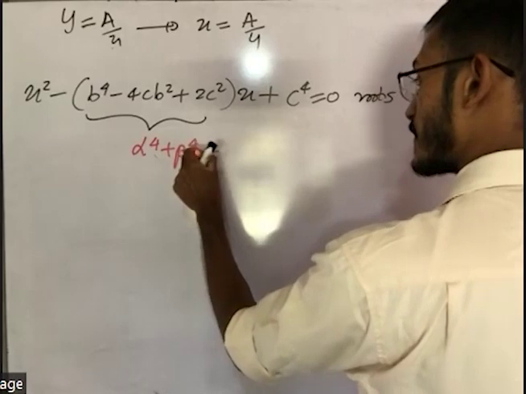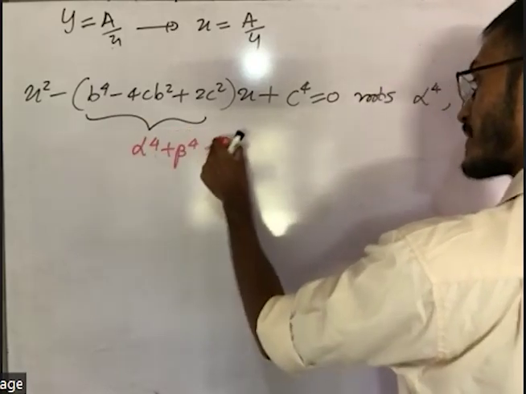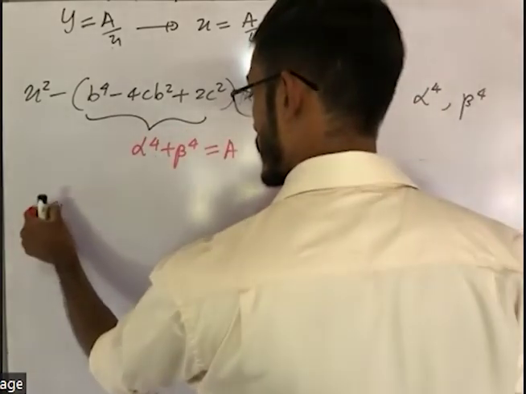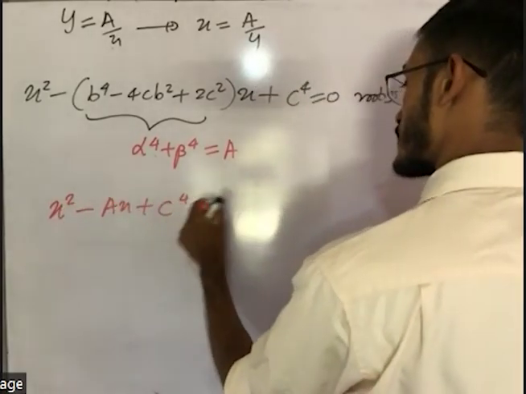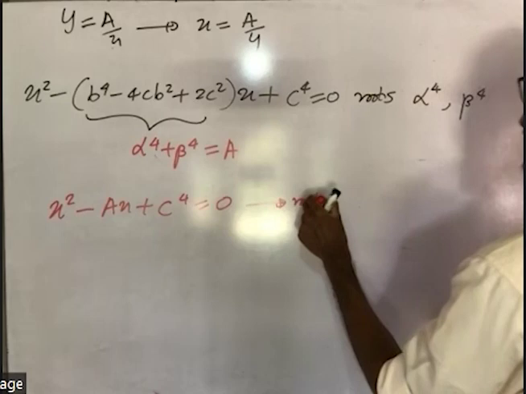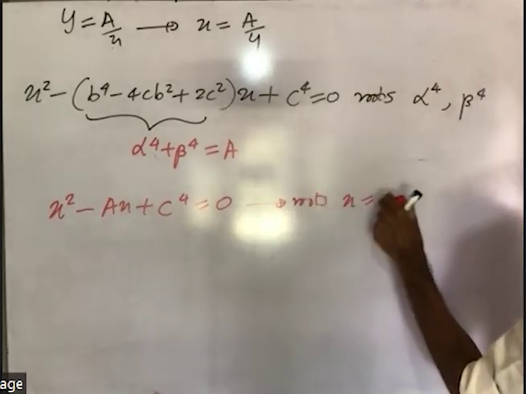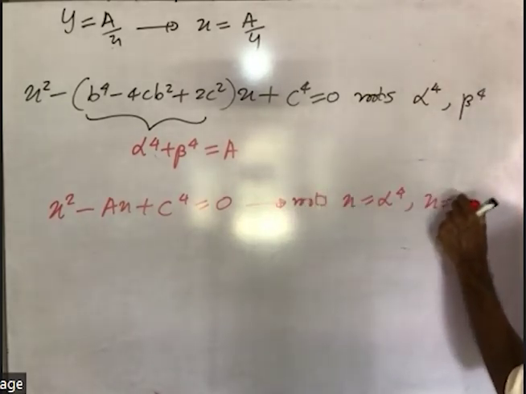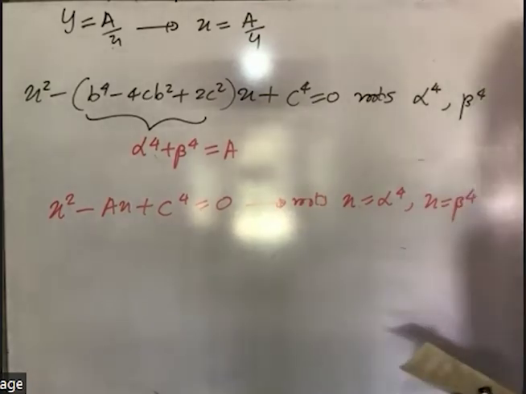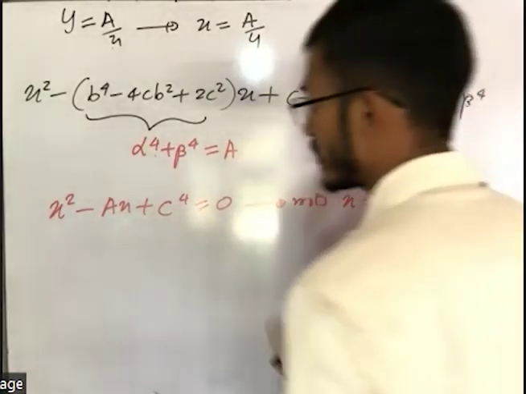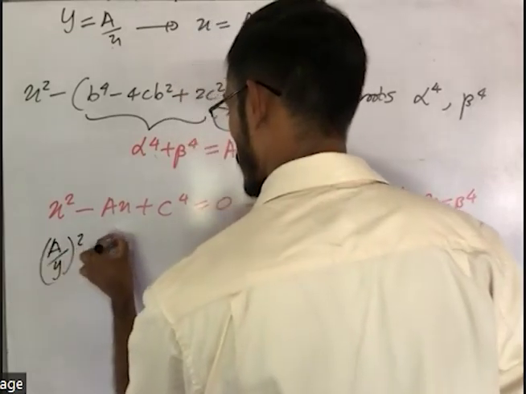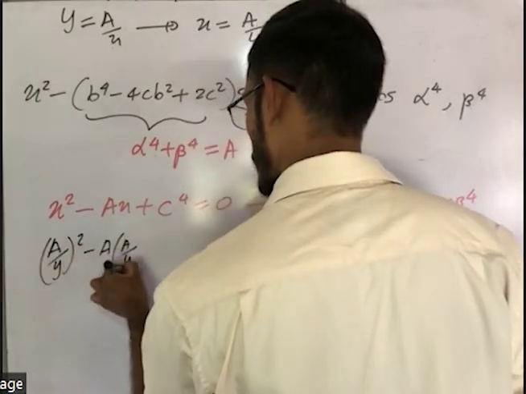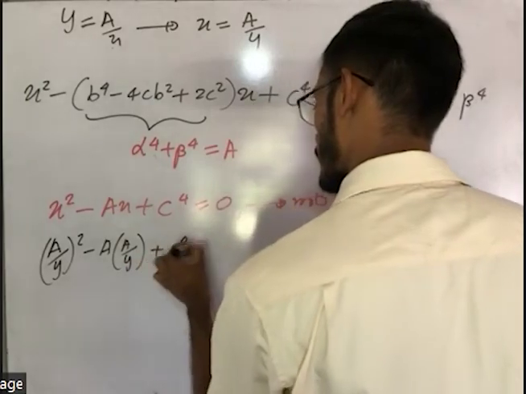So we have taken this part as capital A. So we can rewrite our equation x square minus ax plus c to the power 4 equal to 0. Here roots x equal to alpha to the power 4, comma, x equal to beta to the power 4. Now I am going to convert x into y. Then a over y square minus a over a into a over y plus c to the power 4 equal to 0.